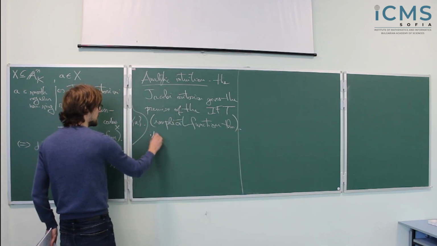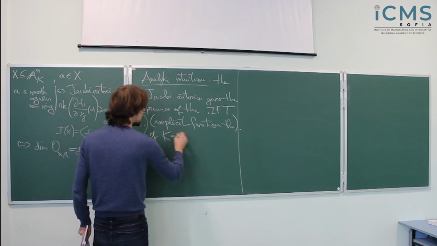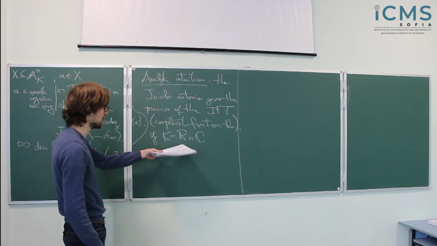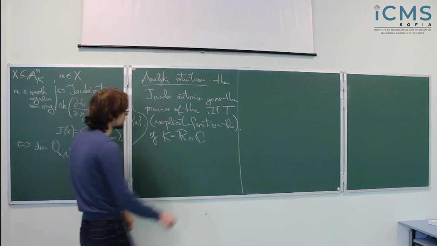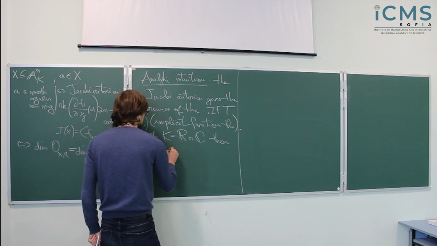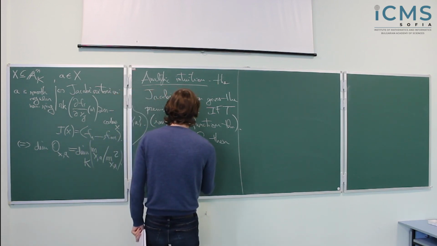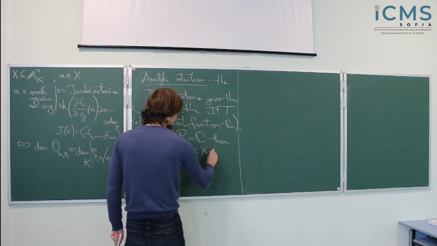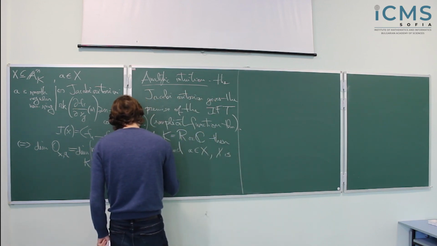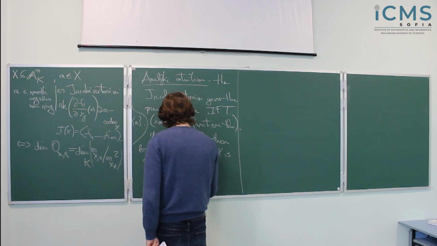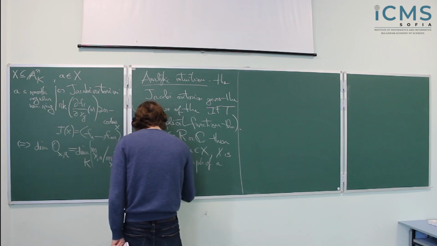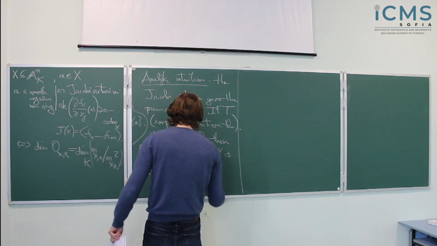So what does it mean? It means that if the base field is R or C, whether you're working in differential geometry or analytic geometry, then locally around a on X, X is given by the graph of a smooth function, a smooth map.